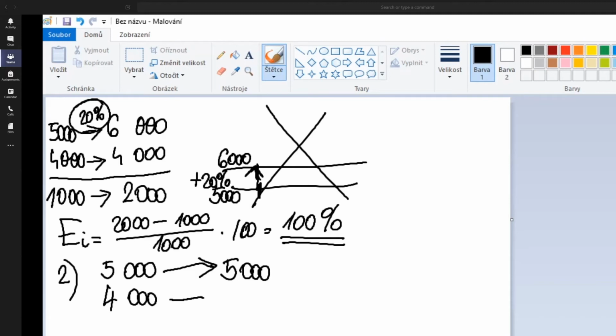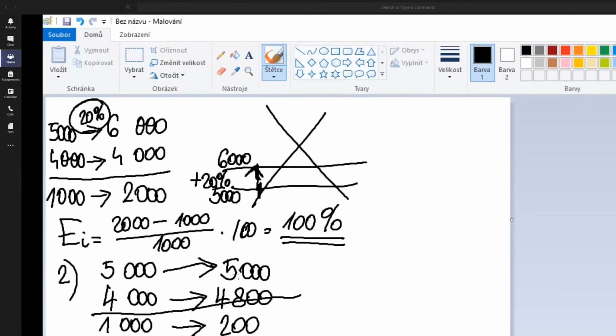In the second case, there is no protection for producers of motorbikes. So the world price is 5,000. There is no protection, so the world price is 5,000. 4,000 used to be the price of parts. Now the state decided to protect the part industry. They are producing parts for the motorbike.